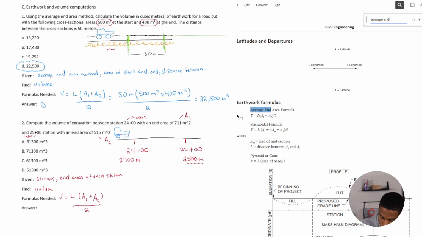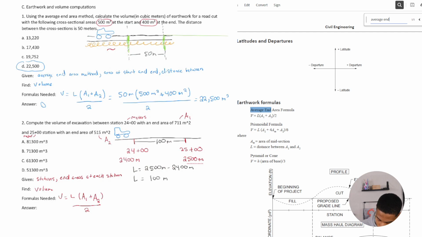Well, the length is just going to be 2,500 meters minus 2,400 meters, and that gives us a length of 100 meters. Cool. So that is the distance between those two stations. Alrighty, so now I have my length and both of my areas, so now I can solve.